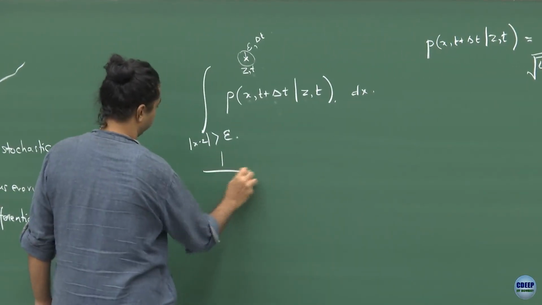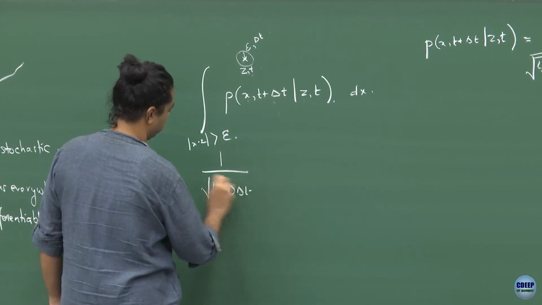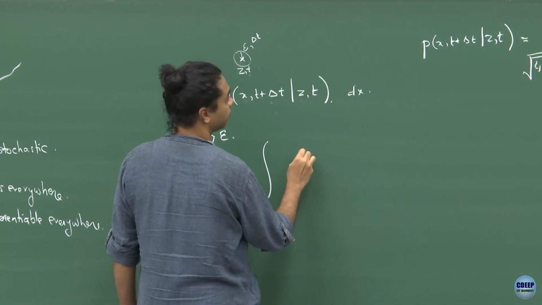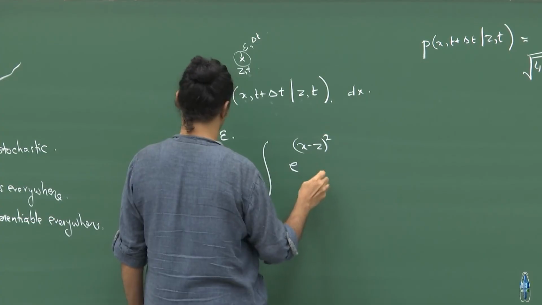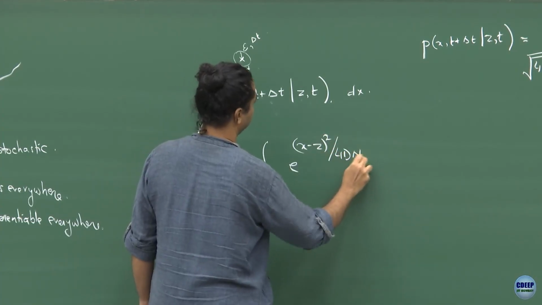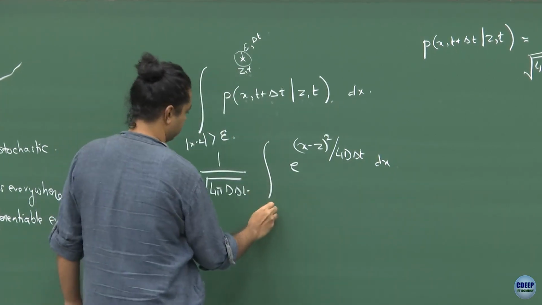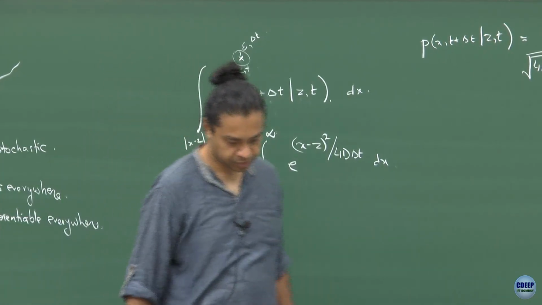So, 1 by square root 4 pi D delta t, integral of e to the power of minus (x minus z) whole square by 4 D delta t dx, integrated from epsilon to infinity, right.